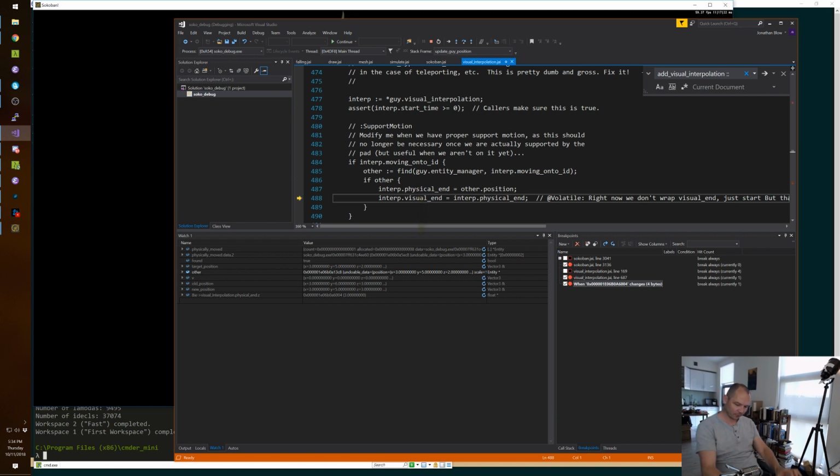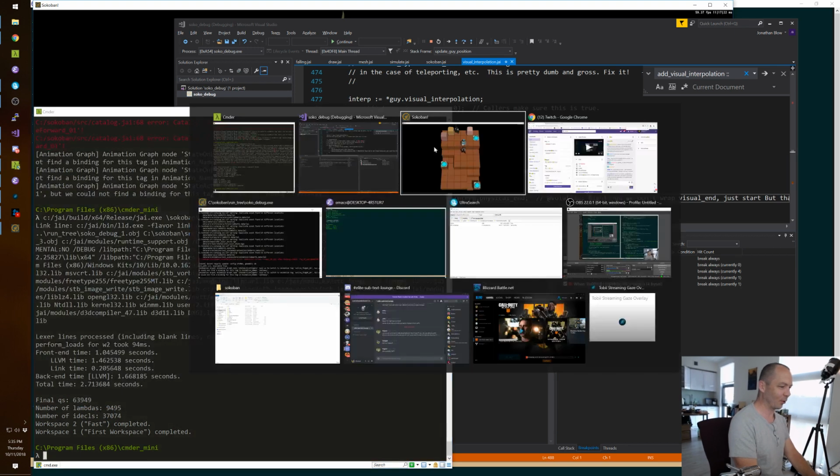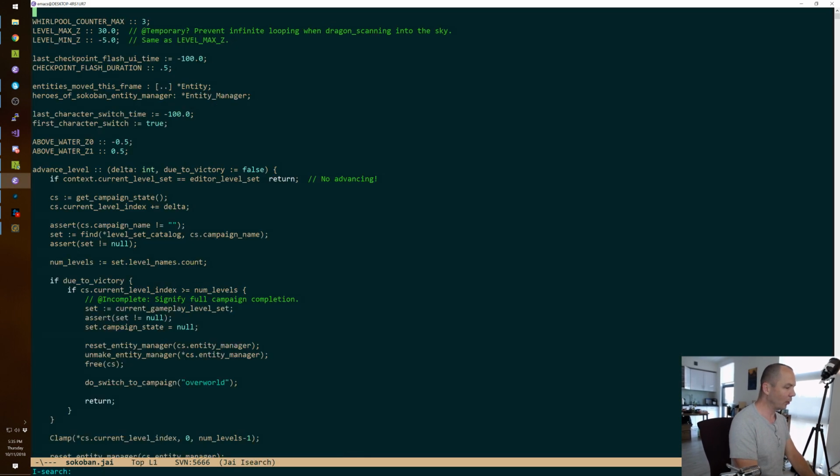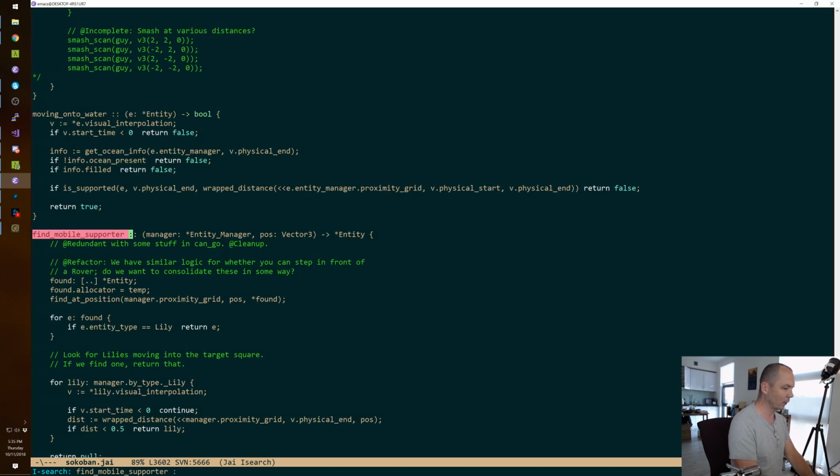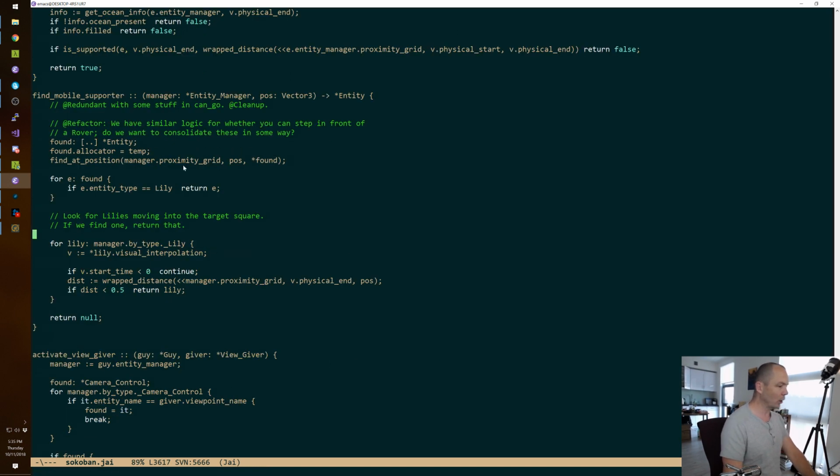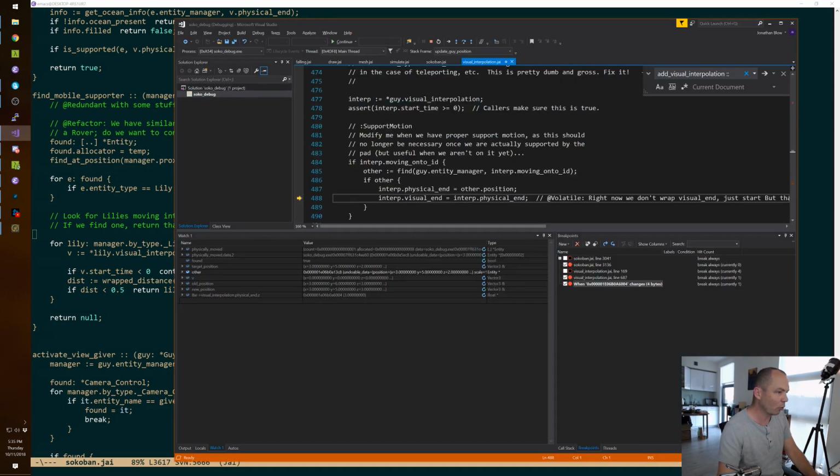Okay, here's what happened. We had that whole mobile supporter thing. Okay, I can tell you exactly what happened. So we had this thing called find mobile supporter, right? And it only looks for lily pads. Lily pads are flat entities that fill the bottom of the square where they are.